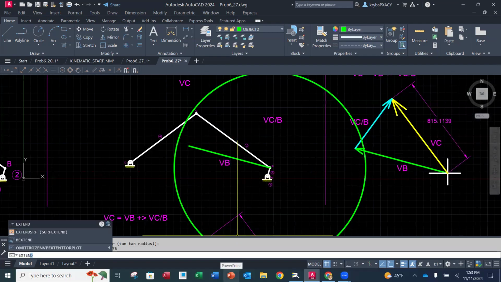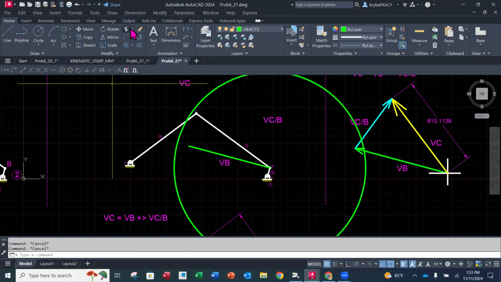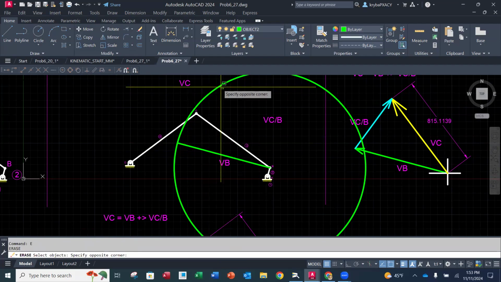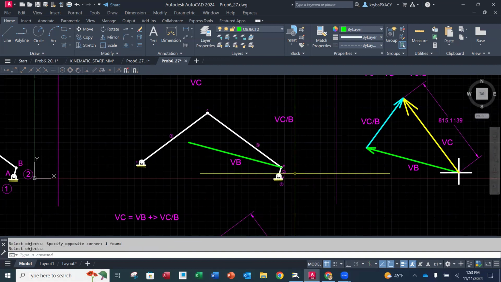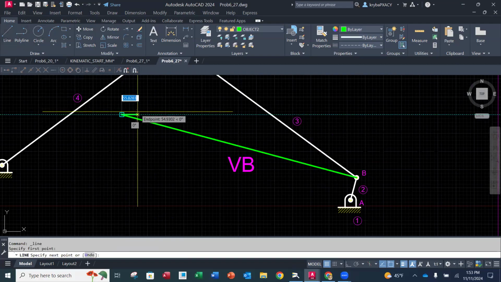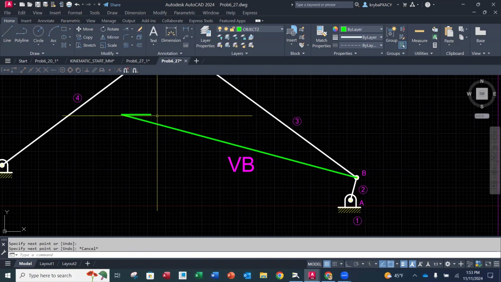Then I'm going to extend. Underneath trim is extend. I'm going to extend that to the radius. And now I have my velocity of B at the right magnitude. I'm going to delete the circle because I don't need that anymore. I just needed it for construction. And now I'm going to put my arrowhead for the velocity of B.